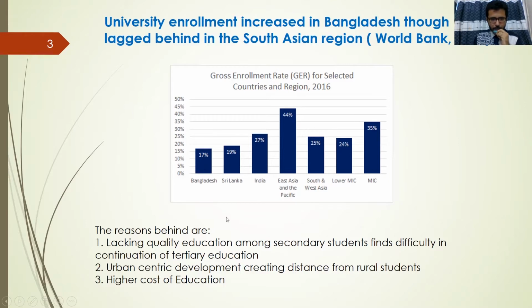The reasons are the cost of education, the urban-centric development of universities, and the lack of quality education. Secondary students find difficulty in continuing tertiary education because the school education quality is not so rich, so it doesn't give enough confidence to rural students to access and continue in the university.